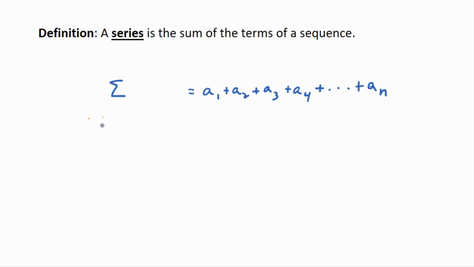So to represent this sum, A1 plus A2 plus A3 plus dot, dot, dot, all the way to AN, we start off with a sigma. We use a letter for what's called an index, I. And we'll usually start at 1, although once in a while it'll start at a different number, so pay attention to that.